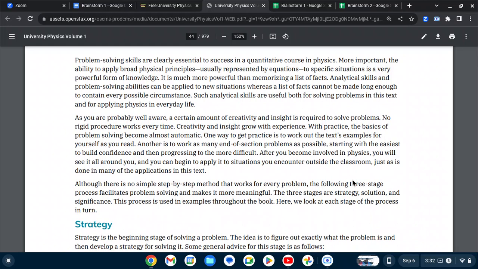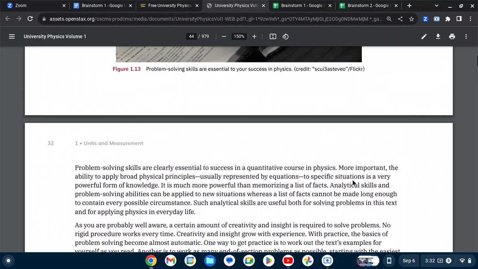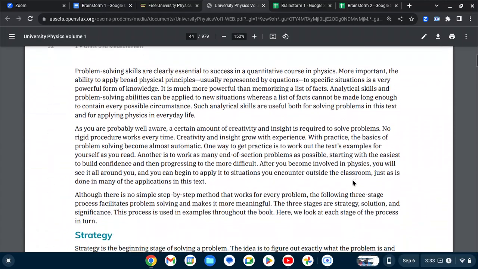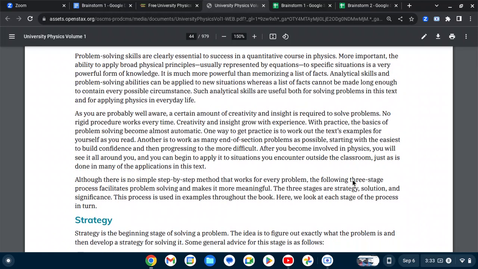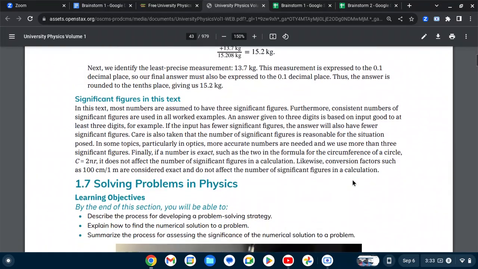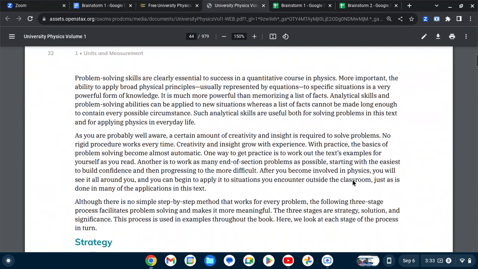Hold on. I lost my place. I have to start over because I don't know where I left off.